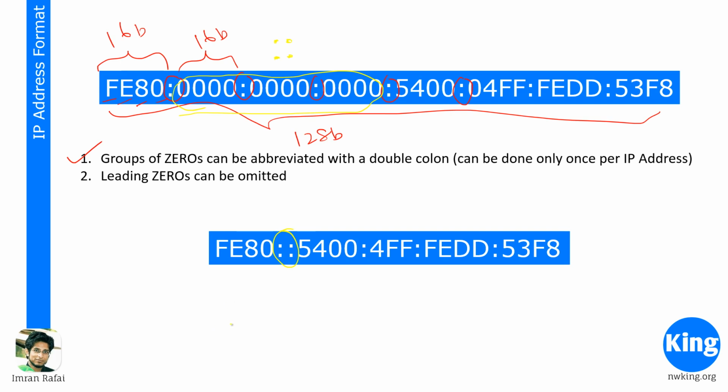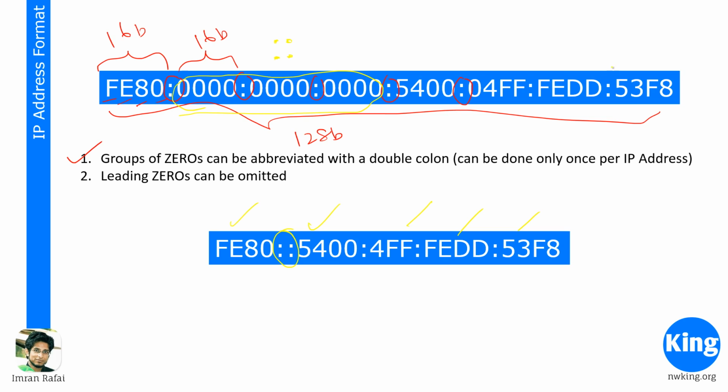If somebody gave you this IP address like this, FE80 double colon 5400, whatever that number is, how do you know how many blocks of zeros are in between? That is done by looking at the blocks. In this IP address, I know there are 1, 2, 3, 4 and 5. There's 5, but there's supposed to be 8, right? So 1, 2, 3, 4, 5, 6, 7, 8.